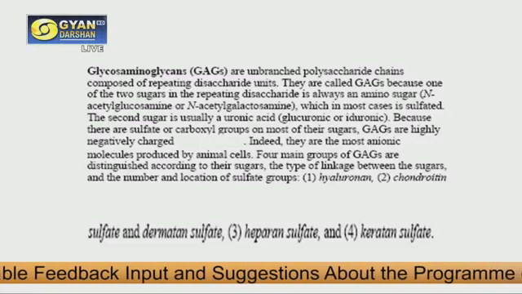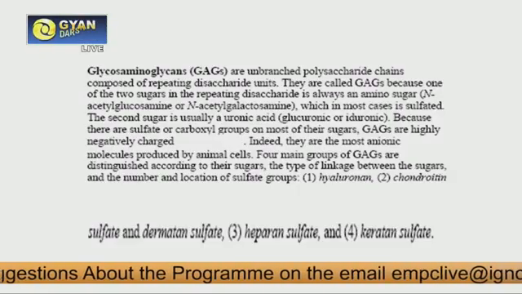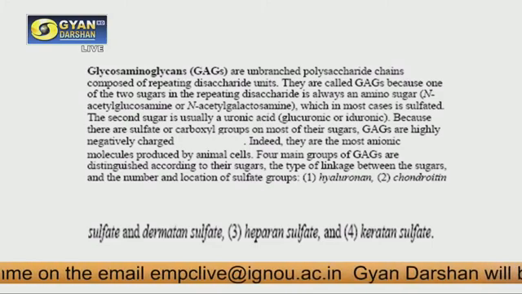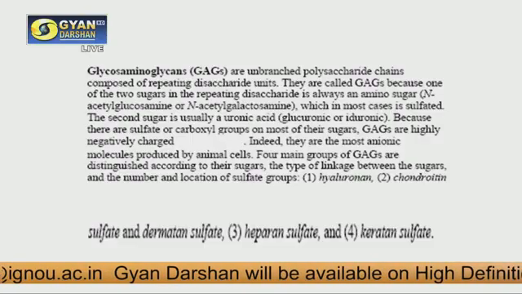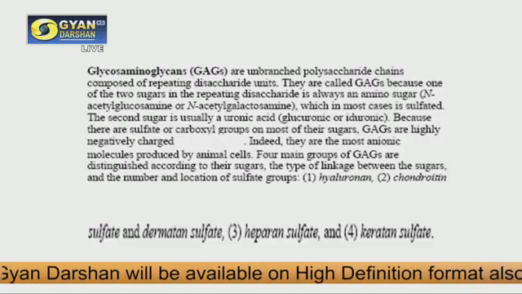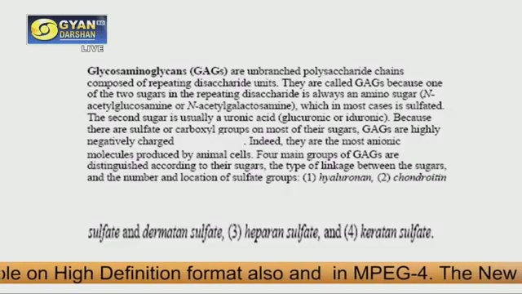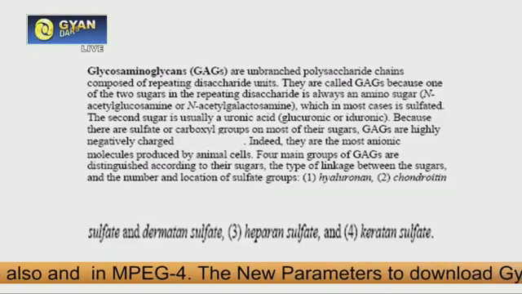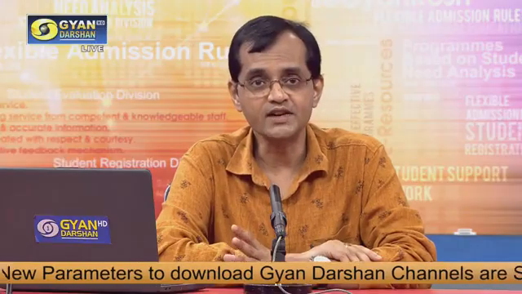But again, as you have seen in the previous diagram, this amino sugar is sulfated, N-acetyl glucosamine sulfate or N-acetyl galactosamine sulfate. And the second sugar can be any uronic acid, glucuronic acid or iduronic acid. So the ultimate feature is that because of the presence of the sulfated groups or carboxyl groups, these components are highly negatively charged.